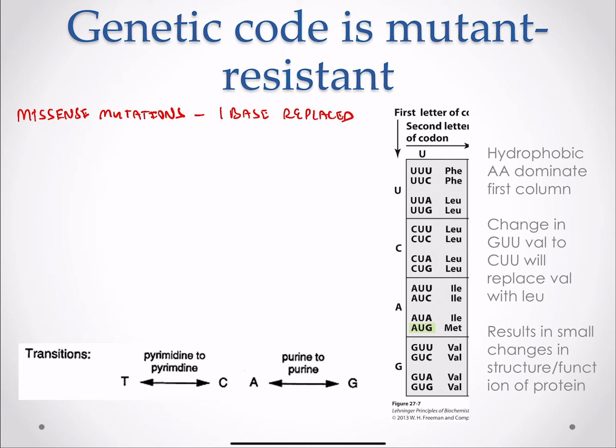Most changes are going to be silent mutations, where the nucleotide is different, but the encoded amino acid is the same. And that's because there is degeneracy in the code. And then a transition mutation is the most frequent of our missense mutations.